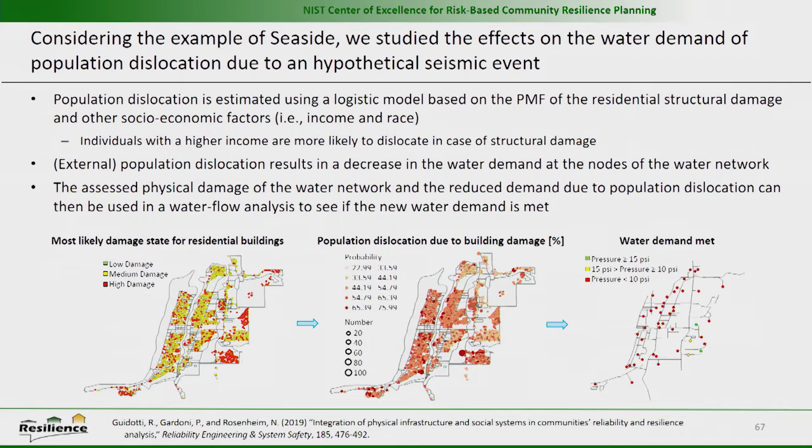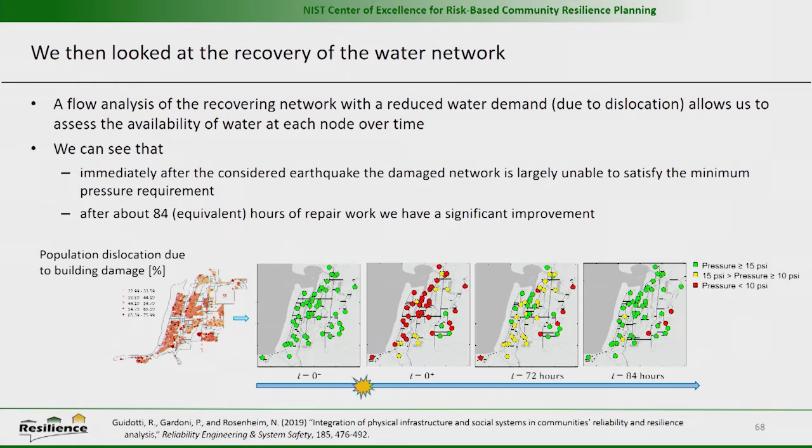So population dislocation results in a decrease in the water demand at the node of the water network. And the assessed physical damage of the water network and the reduced demand due to population dislocation can then be used in a water flow analysis to see if the new water demand is met.